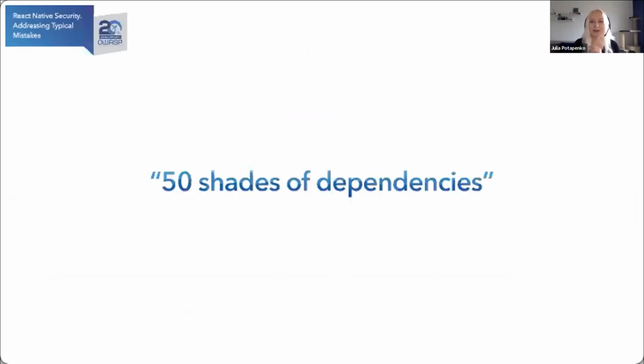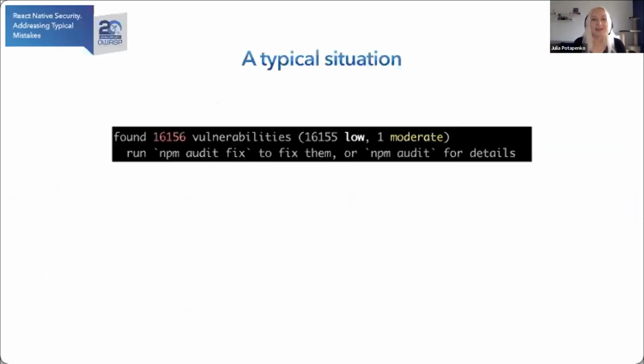Okay, getting back to the dependencies topic. A typical situation on a React Native project: a lot of dependencies, and they bring a lot of vulnerabilities. This is a real life project I worked on. We created a task for the team that you need to update dependencies, review these vulnerabilities and do something with them, maybe remove some libraries.